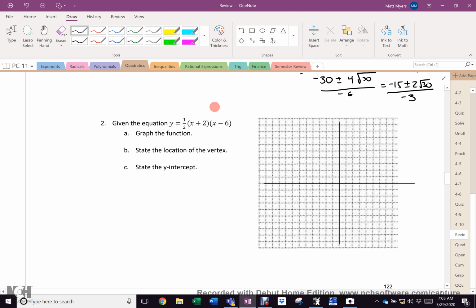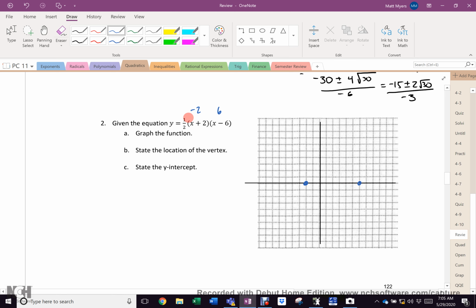I know that it goes through -2 and +6. So -1, 2. Oh, I should move that because it's out at +6. Let's slide this over here. -2, +6, 2, 4, 6. I know it's a positive parabola, so it goes up and down.